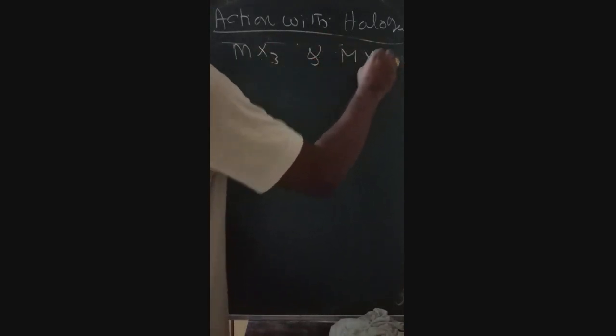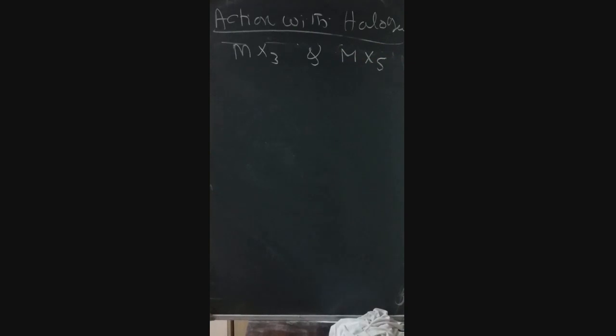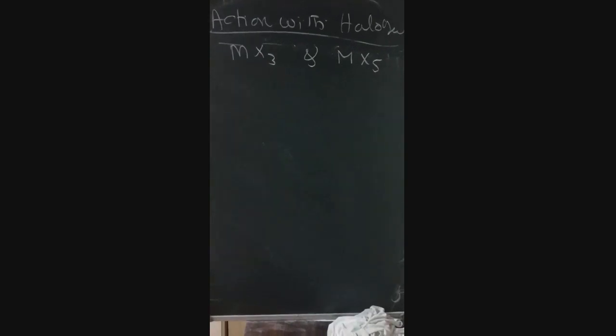So here also it forms two types of halides. What two types of halides, children? One is represented as MX3, and one more is the MX5 type of halides.